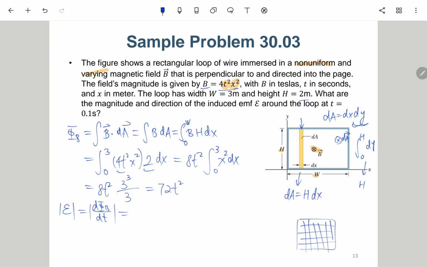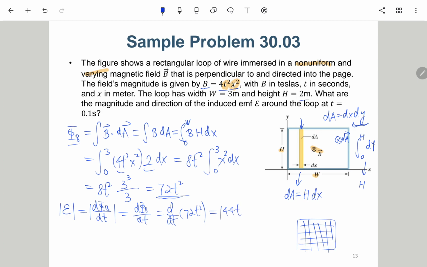By considering this is a positive and increasing function, we can plug in this expression here. So we have d dt of 72t squared, which is nothing but 144t.